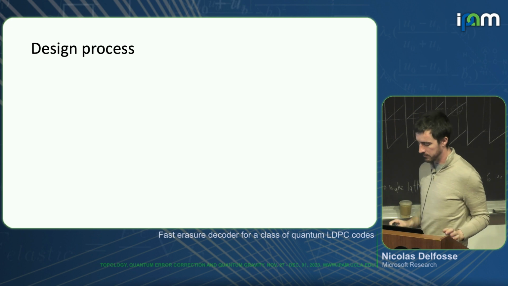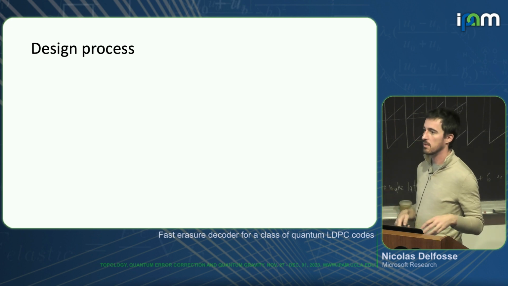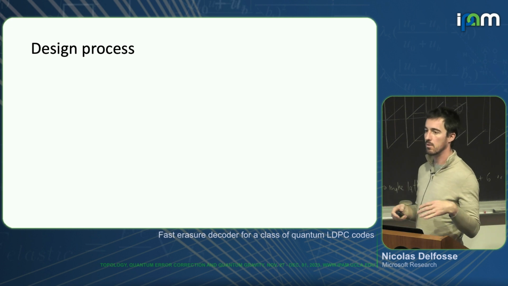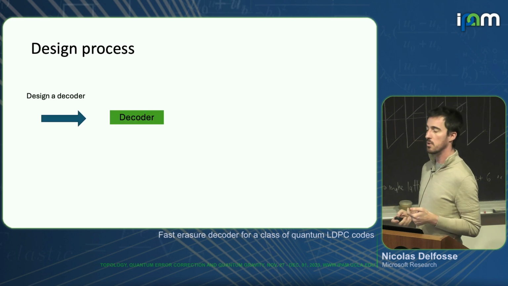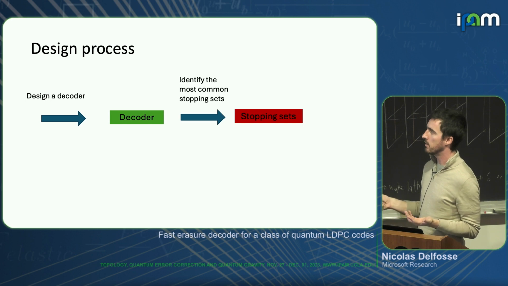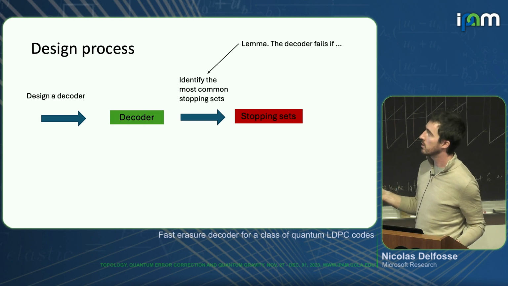Okay. Now that we're there, let's start designing new decoders. And the story of this paper is that we're going to iterate a design process, which starts with a naive decoder, and then we're going to find the most common stopping sets, the most common failing configurations. So if you look at the paper or in this presentation, I'm going to have a lemma that says the decoder fails if we have that.